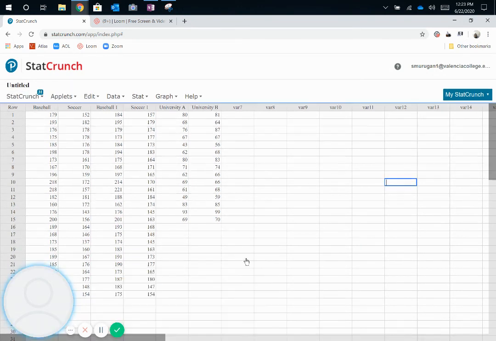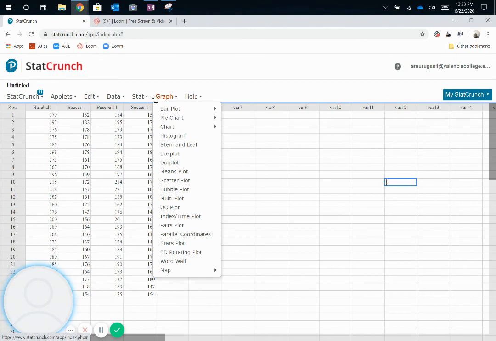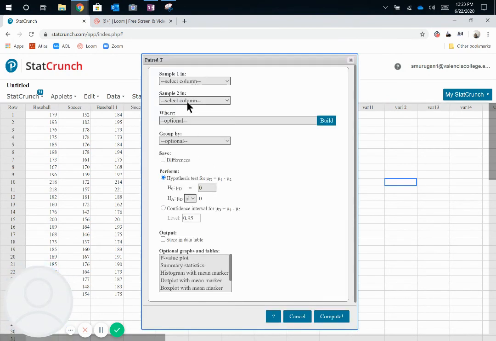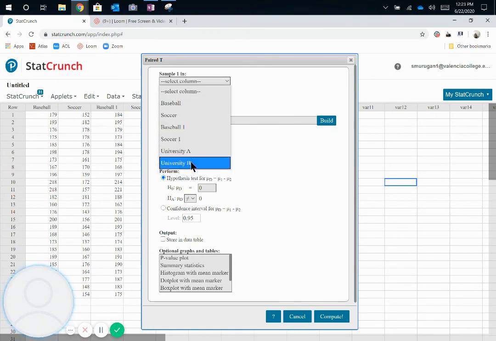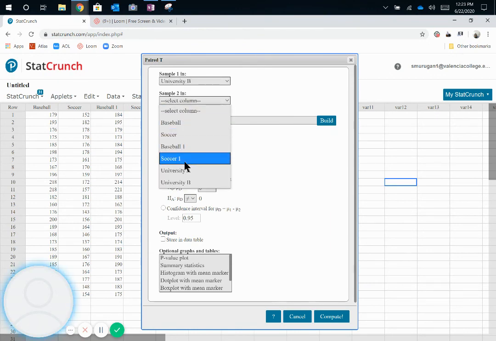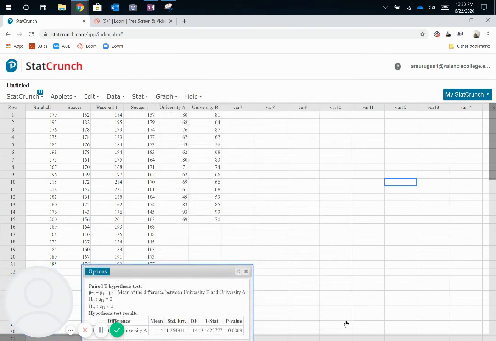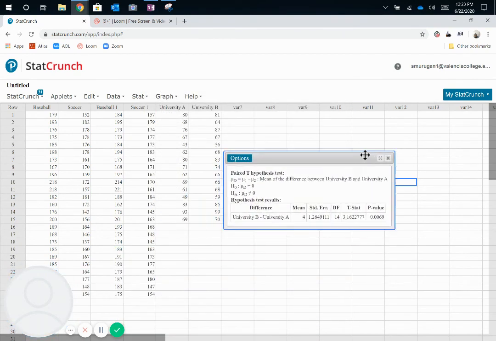Sorry, this is backwards. Let's do it one more time. Stat, t-stat, paired. University B first this time, and then University A, and compute. There we go.